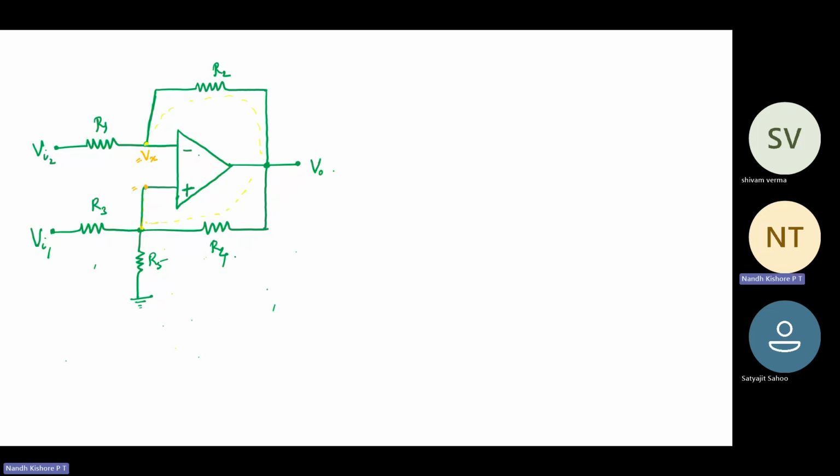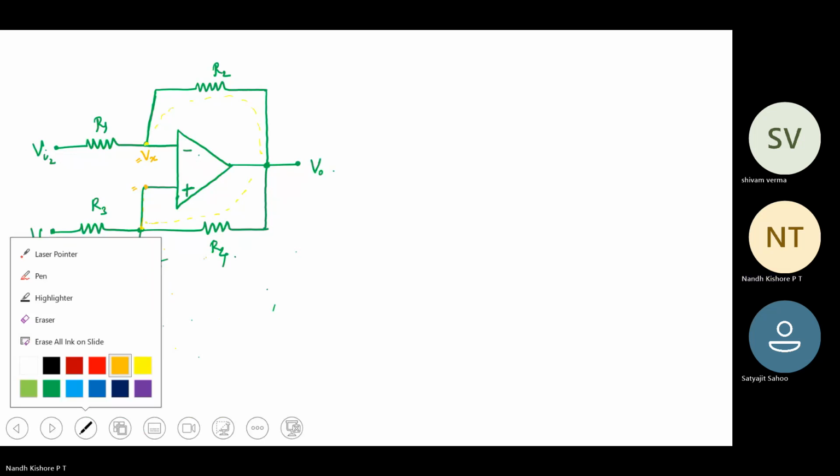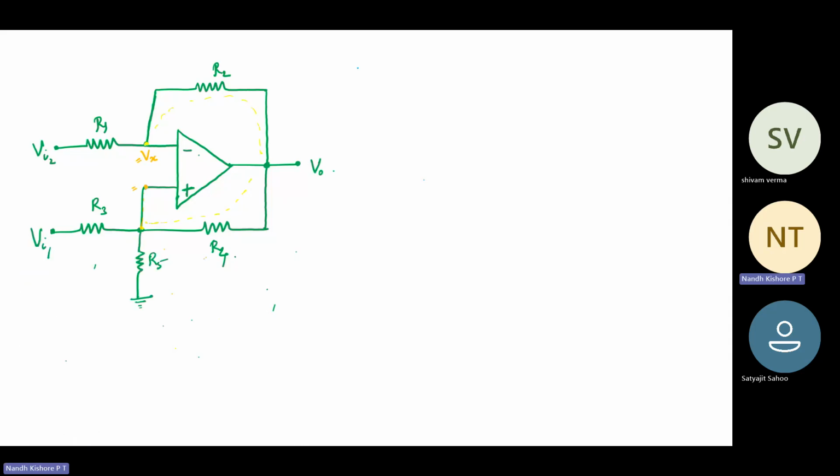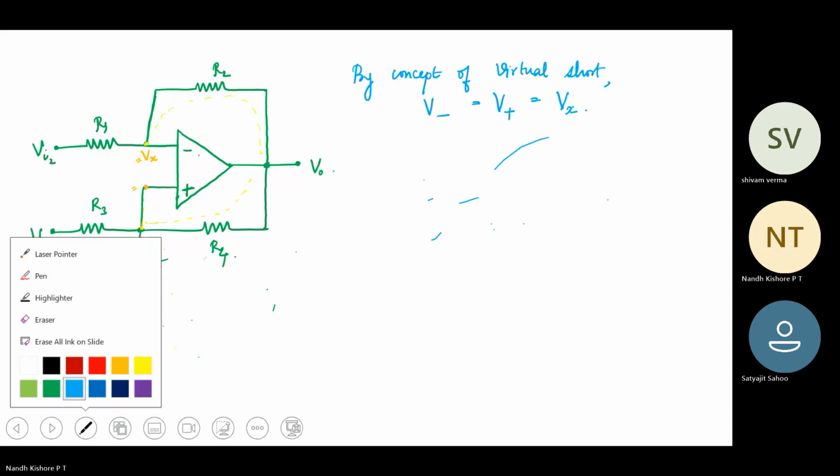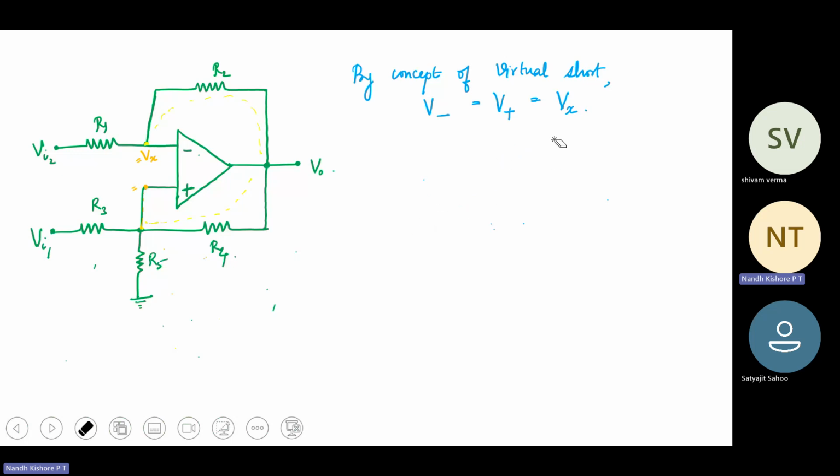By the concept of virtual short, you know that V minus is equal to V plus in an op amp. That will be your Vx. Is this agreed? Is this fine?